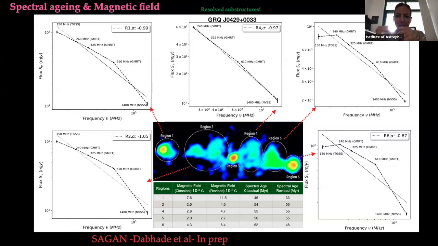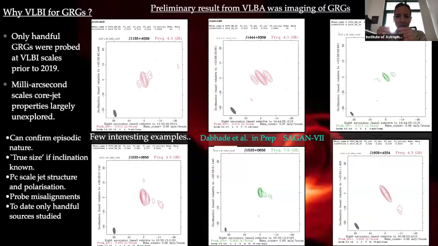How do these look at milliarcsecond scales? Do you have any idea? Do they look like these famous compact symmetric objects? You still have a bright core in any case, right?